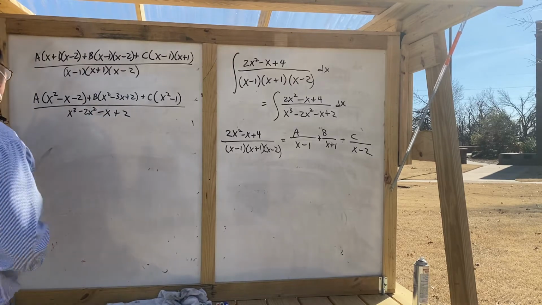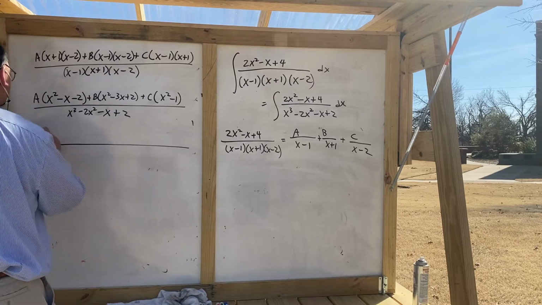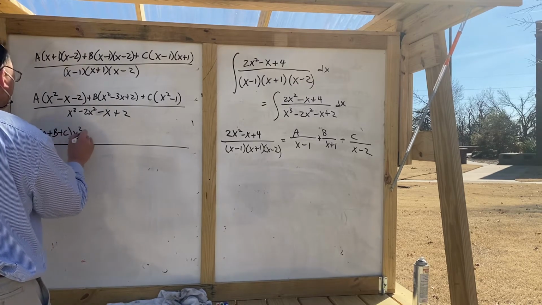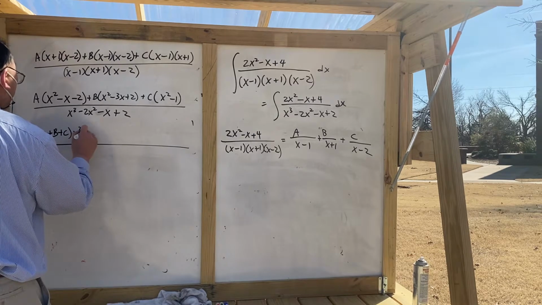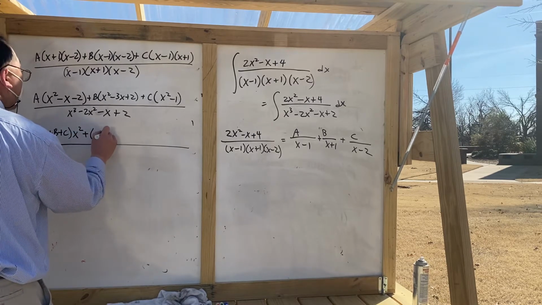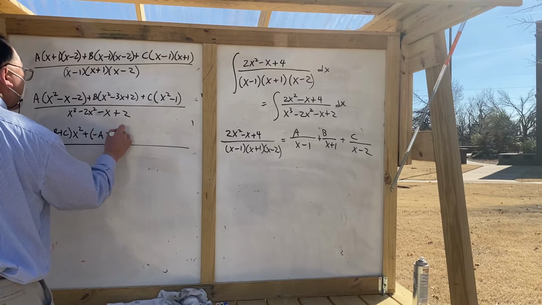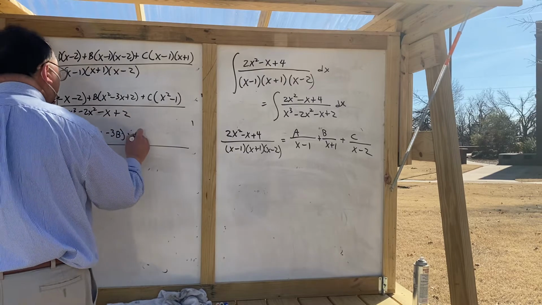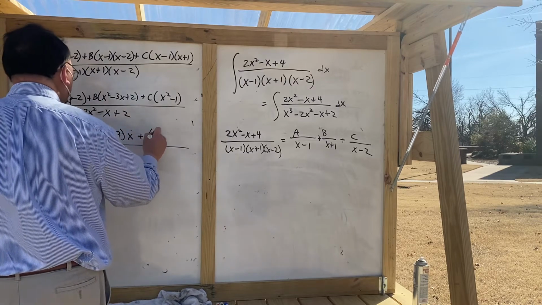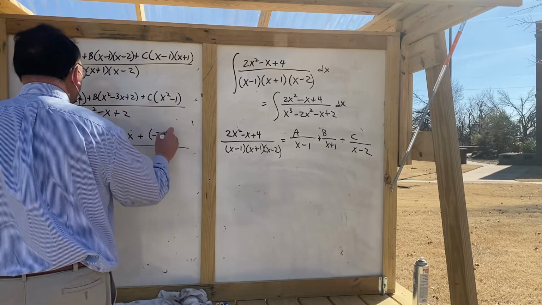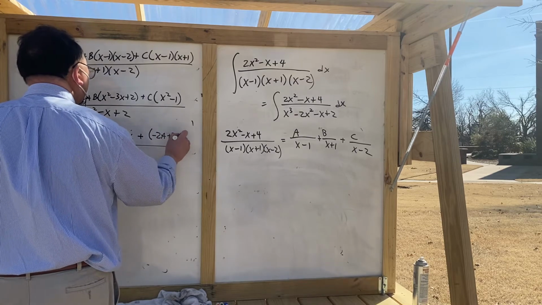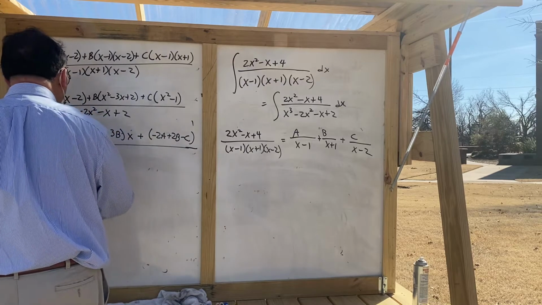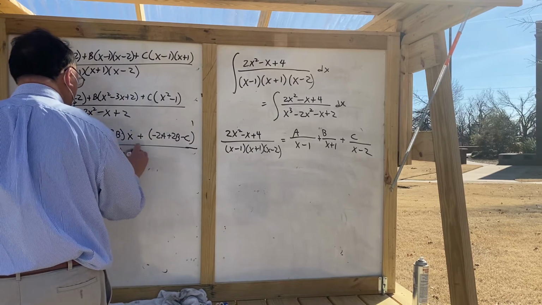And so this is equal to a plus b plus c times x squared, plus negative a minus 3b times x, plus negative 2a plus 2b minus c, all over x cubed minus 2x squared minus x plus 2.